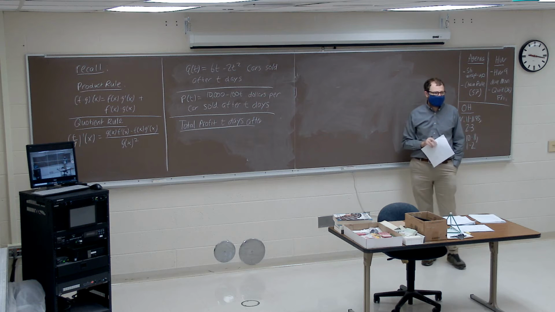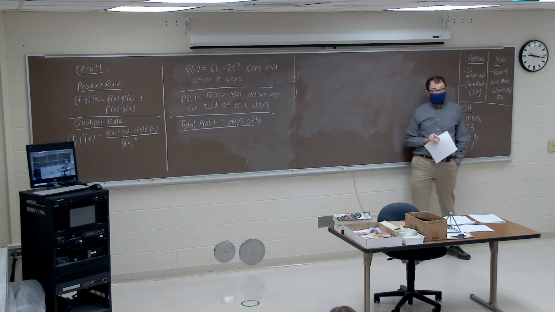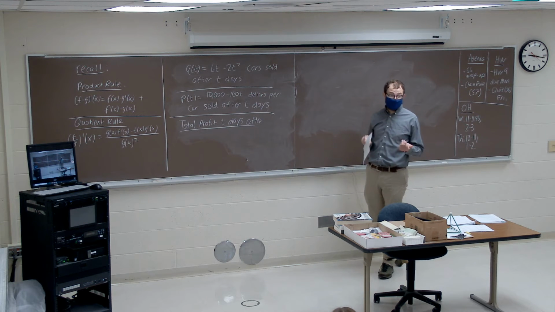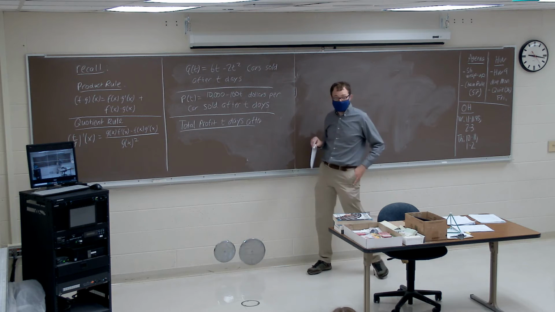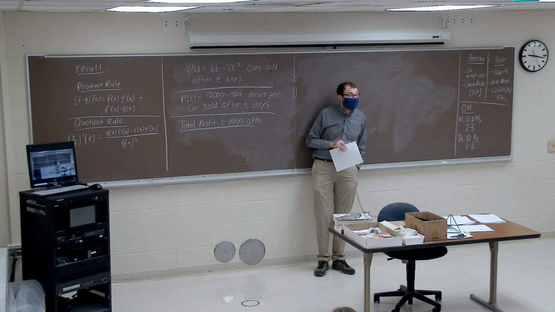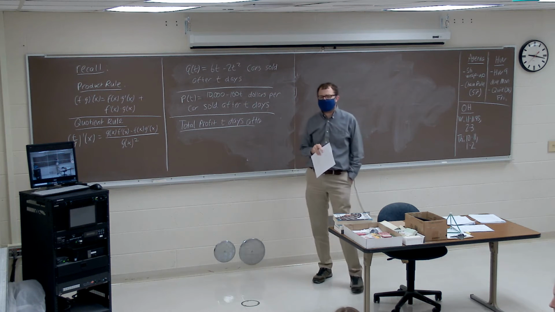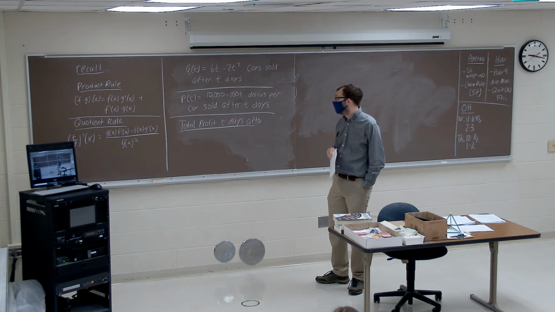So if we wanted to come up with a formula for what's the total profit going to be from selling these Toyotas after T days, what can we do? Rachel? Would you multiply Q of T and P of T?